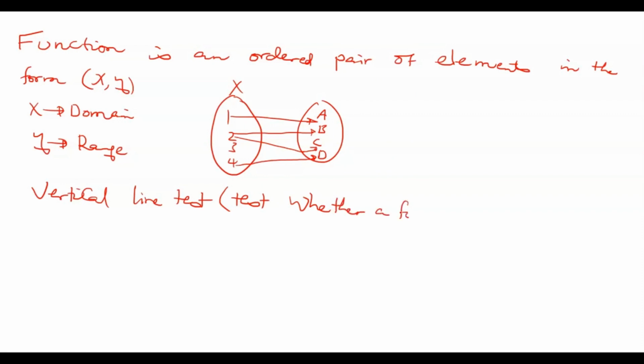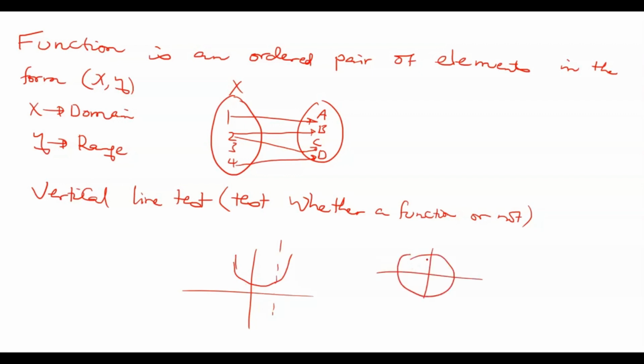If I draw a vertical line and it touches once, that's a function. If I have a circle like this, where it touches twice, that's not a function.